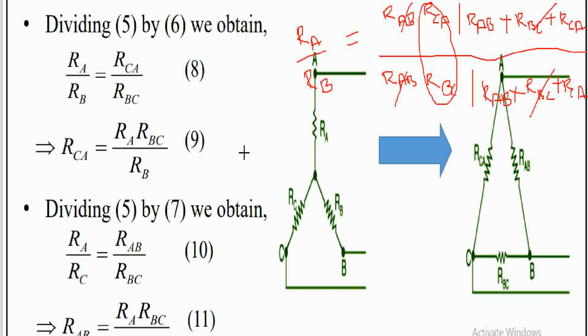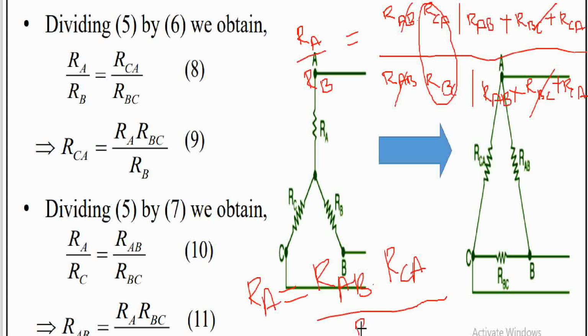And already I have said that in RA you are having a common term, that is RA is equal to RAB into RCA by RAB plus RBC plus RCA.